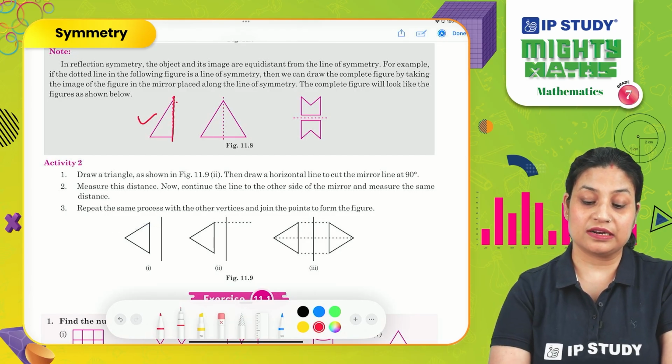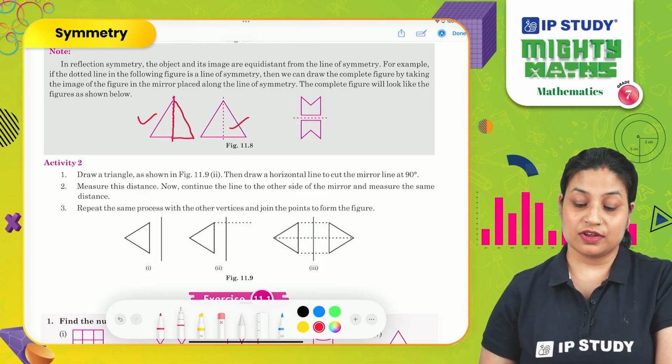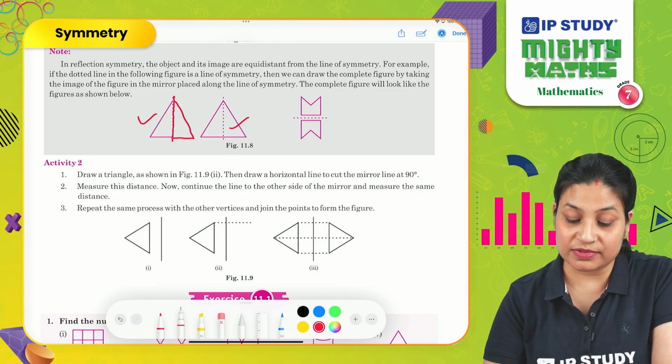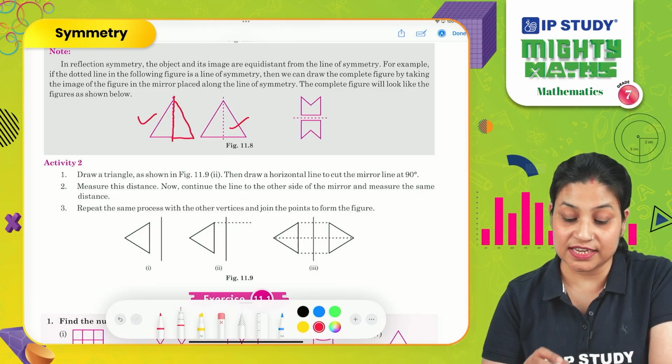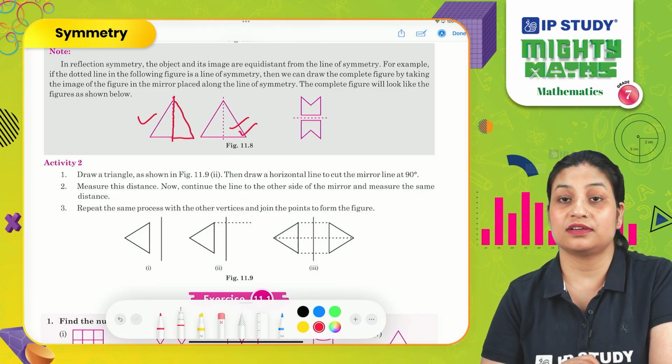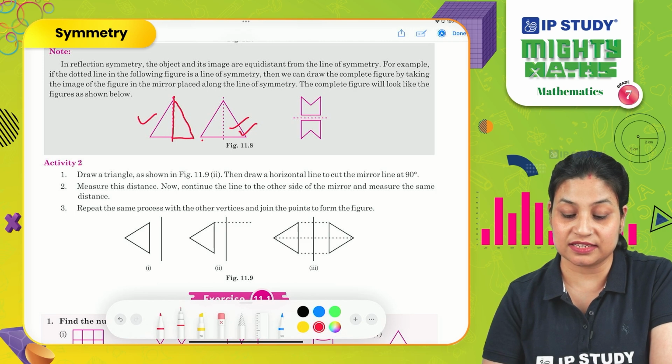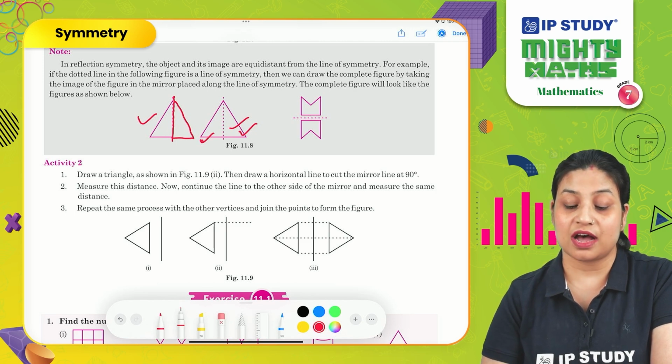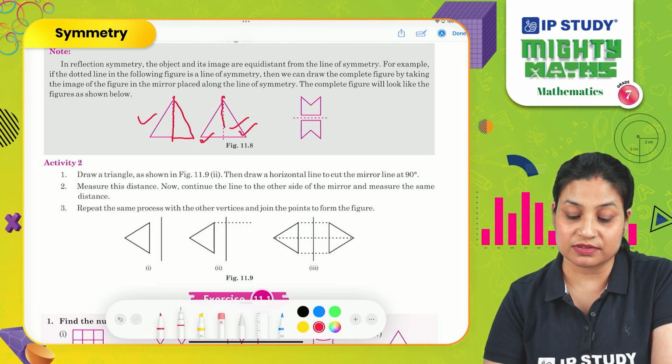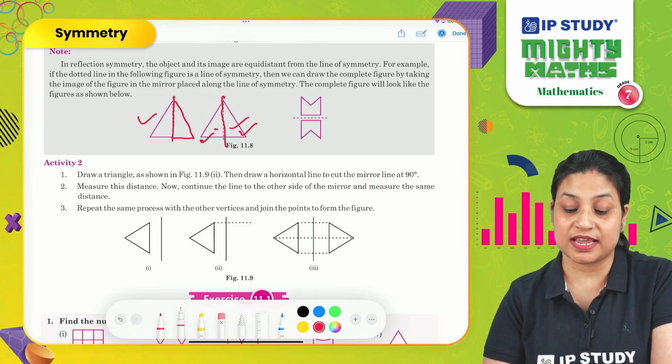The mirror image of this will come out like this here, right? What we have concluded from this example is that the image and the object are equally distant from the line of symmetry and they are of the same size.